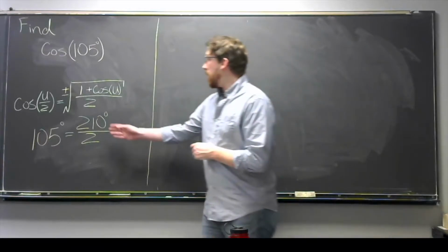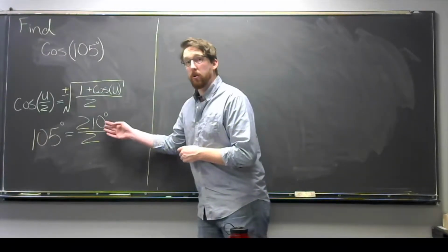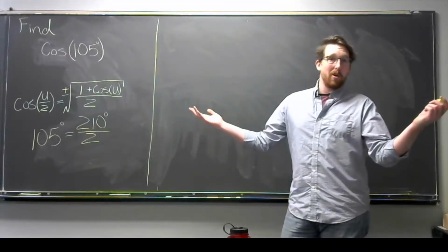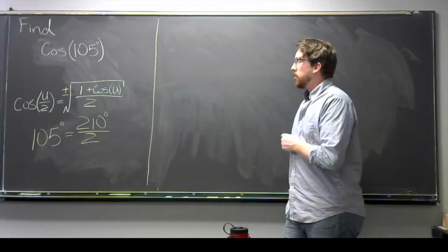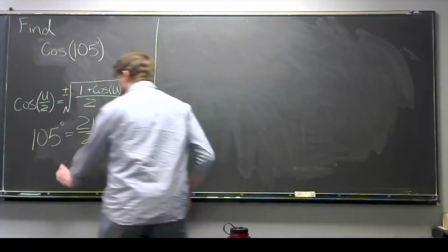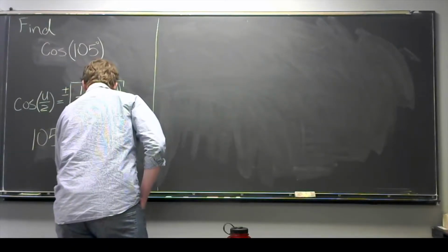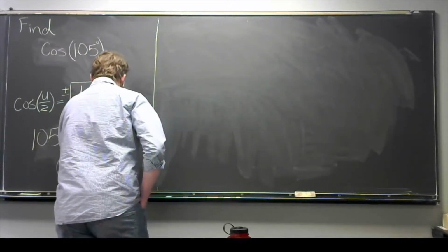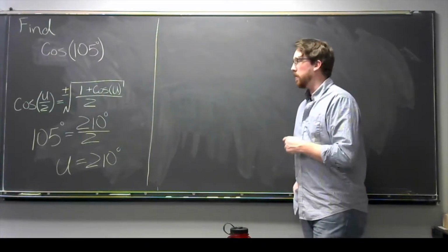Well, we do know the value of our trig functions for 210 degrees, because they're on our unit circle. So because of this, we notice that u is equal to 210 degrees, and we know to use another half angle formula.